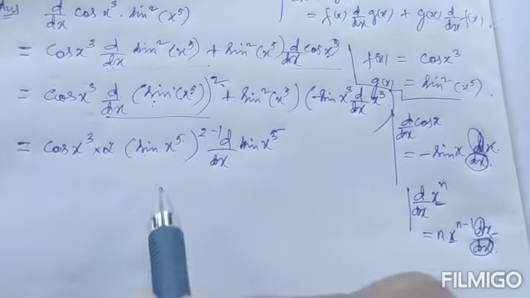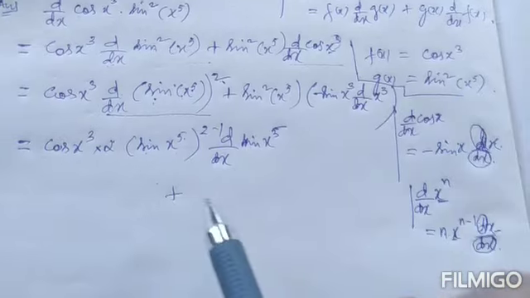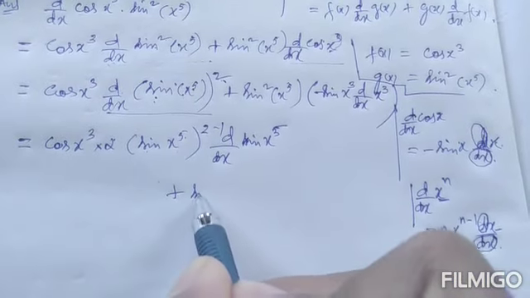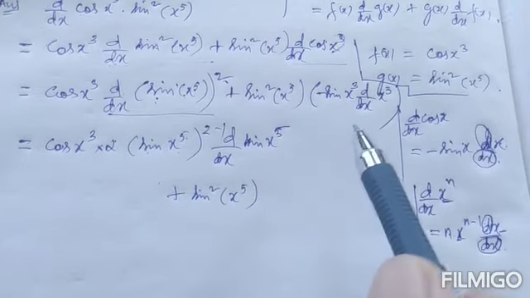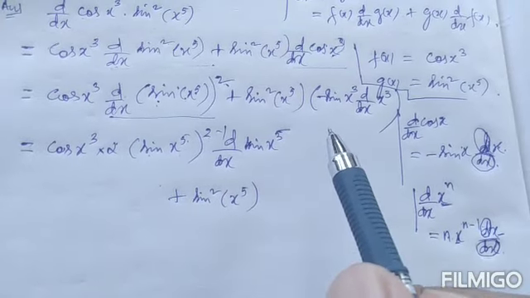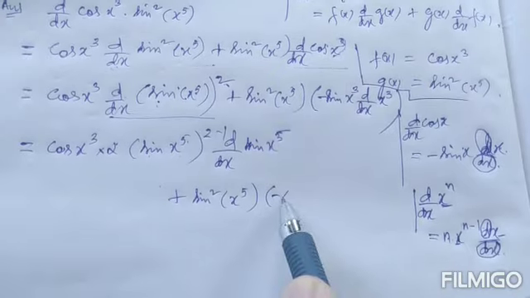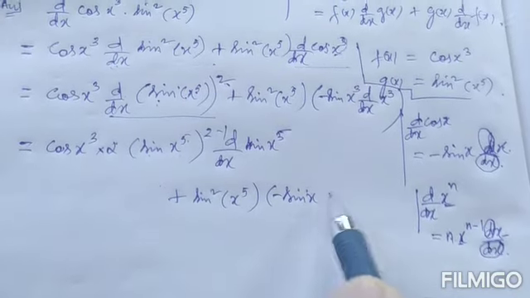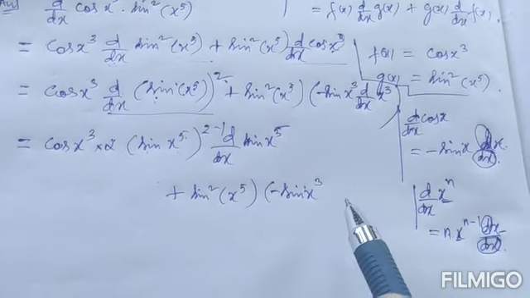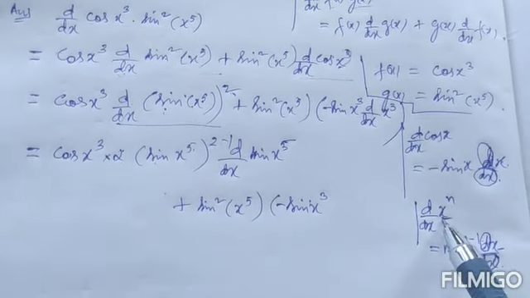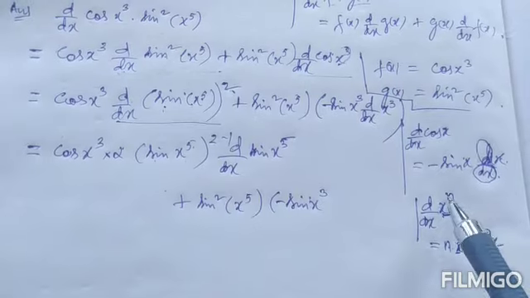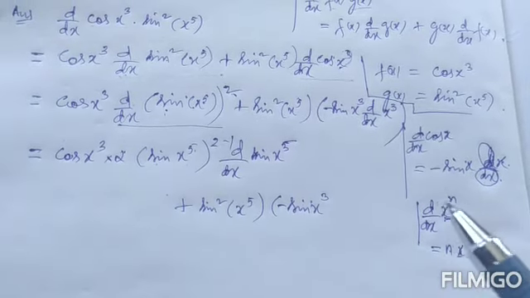And then plus sin square x power 5, minus sin x cube, d by dx of x cube. That means I will use this formula only. Wherever n is present, I have to replace it with 3.